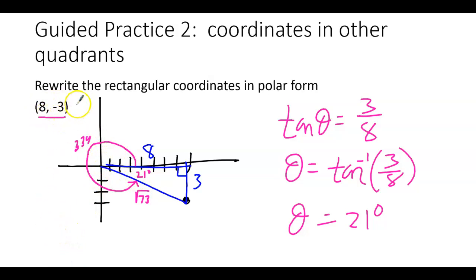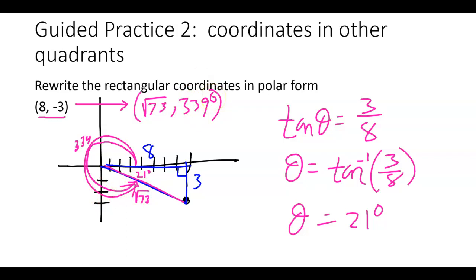Here's the rectangular coordinates. What are the polar coordinates? If you need to pause the video and think about it, go ahead and do that now, because I'm going to put the answer up. But the answer is the distance from the origin is square root of 73, and the rotation in a counterclockwise direction is 339 degrees.